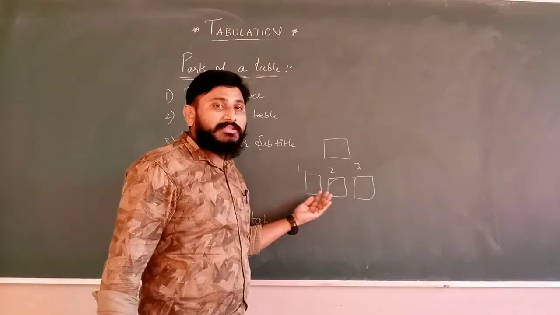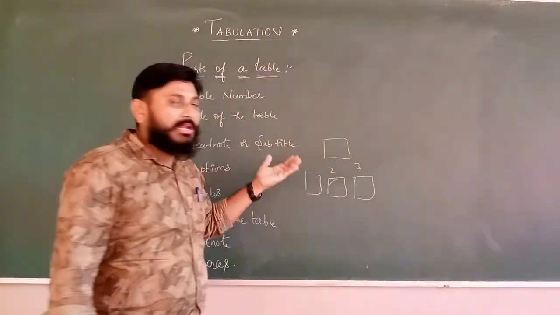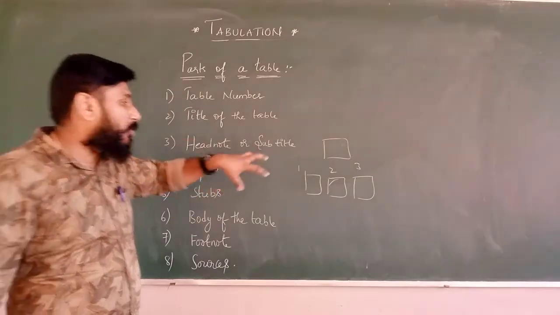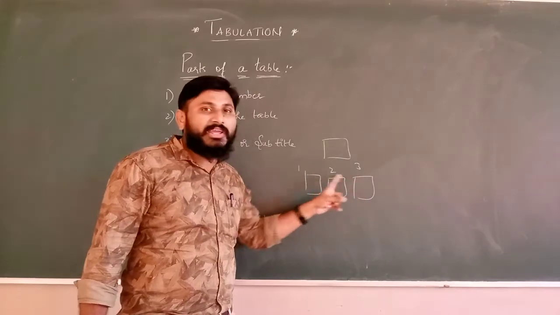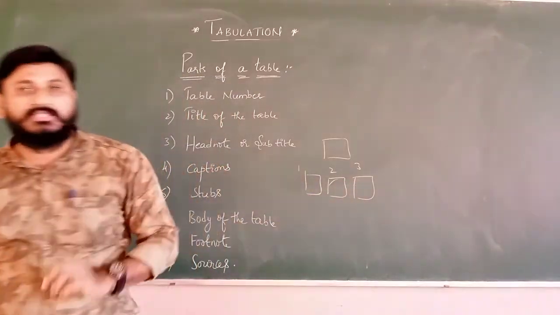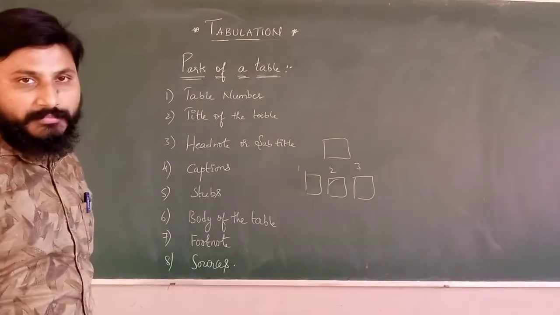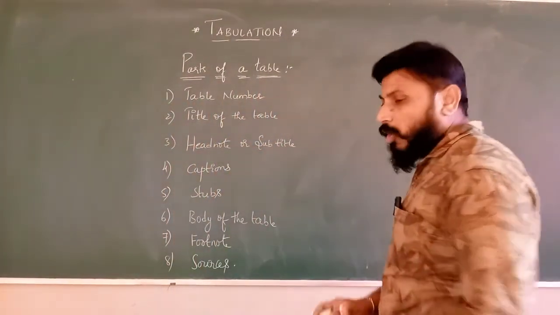So if the data is huge, if you are planning to frame maximum number of tables, table number has to be mentioned for distinguishing what particular table it is meant for, and for identifying and reference sake also table numbers are very much required. Usually the table number is written at the right hand corner at the top of the table. See, those all parts.